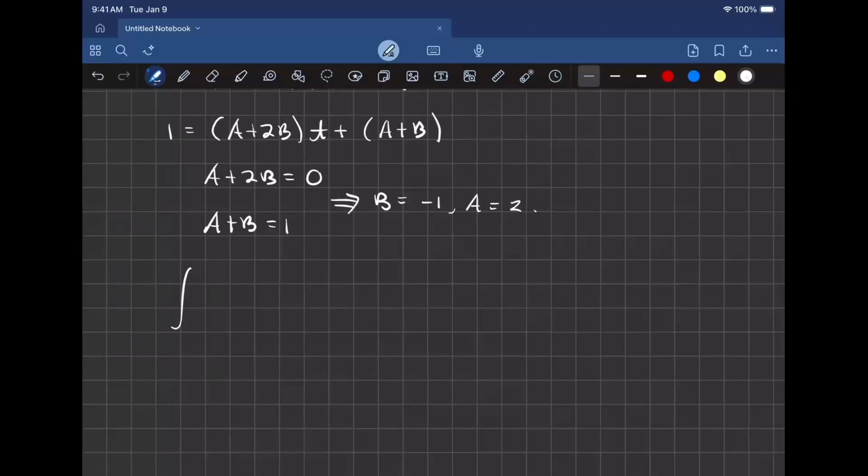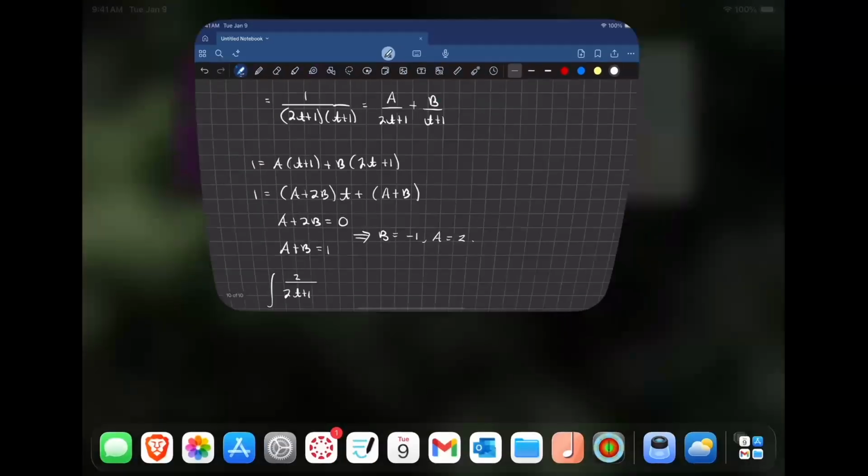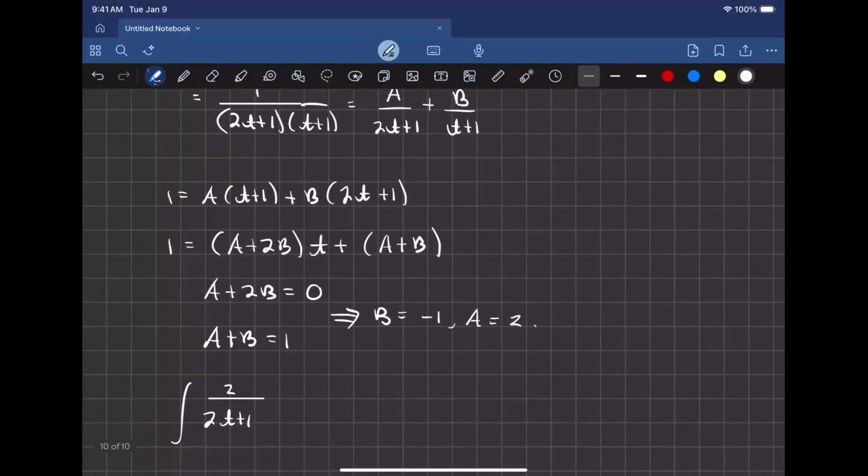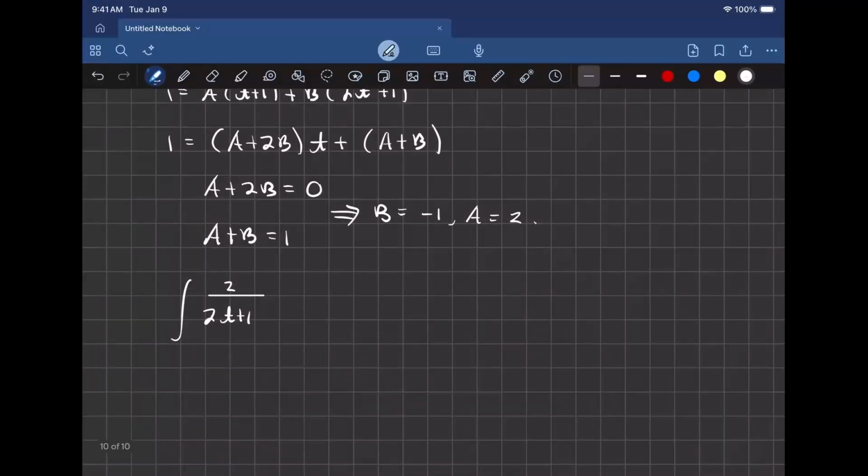So now we'll have the integral of 2 over 2t plus 1, and I'm just going to flip the order just for the sign. So I'm going to do my b coefficient first: integral of 2 over 2t plus 1 minus 1 over t plus 1 dt. Okay, so we have a 2 in the numerator and a 2 in the bottom, so when I pull that 1/2 out, it'll cancel with the 2.